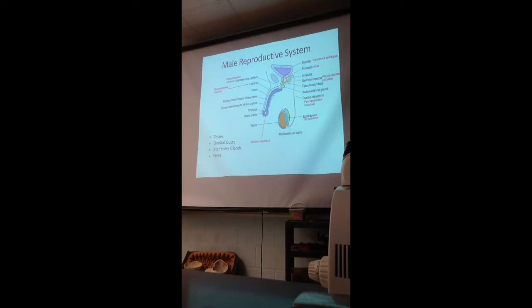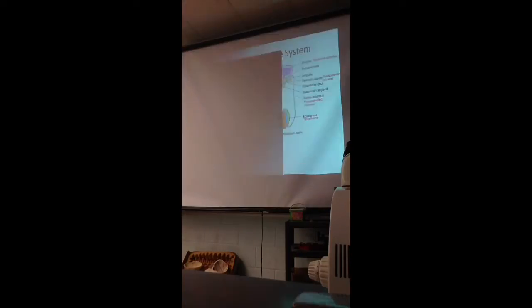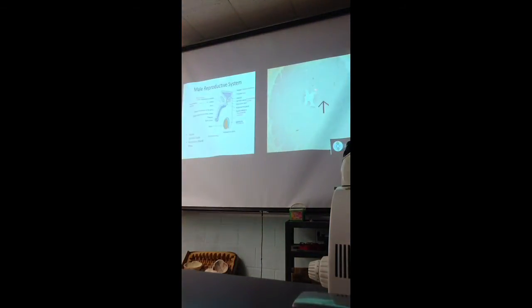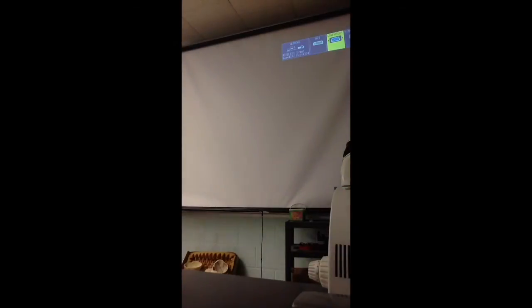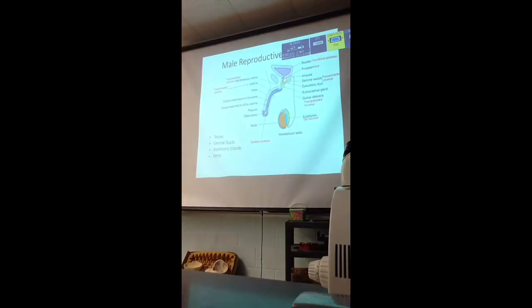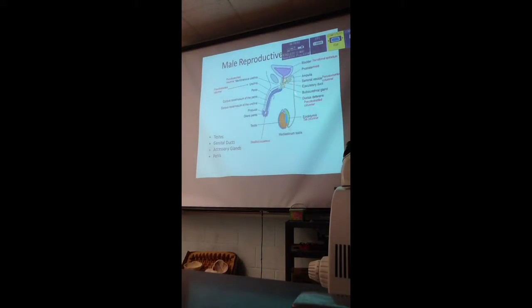That's what we were looking at. So this wall is pseudostratified columnar epithelium. And the seminal vesicles is again pseudostratified columnar epithelium.